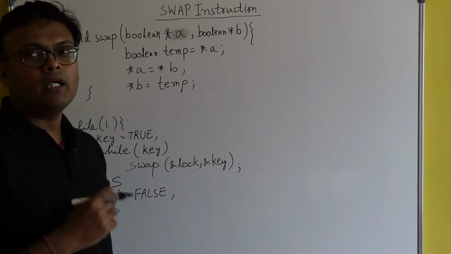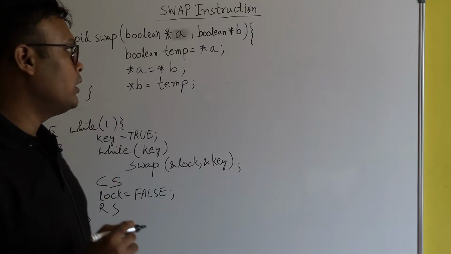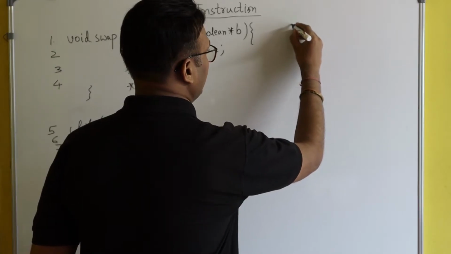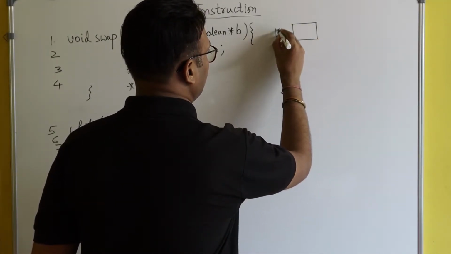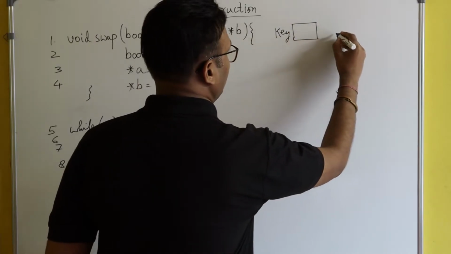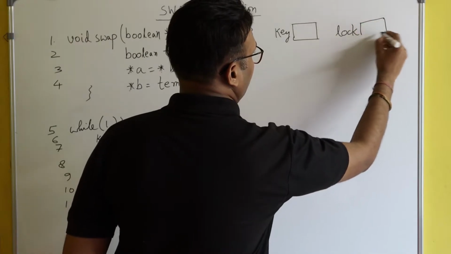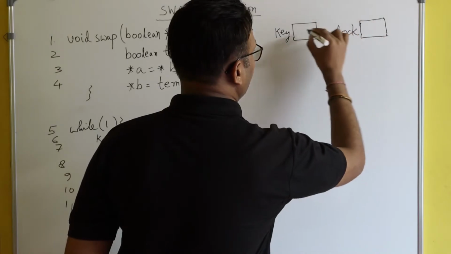So both lock and key will be initialized as false. Here two variables are there: this one is key and this one is lock. Both are initialized as false.